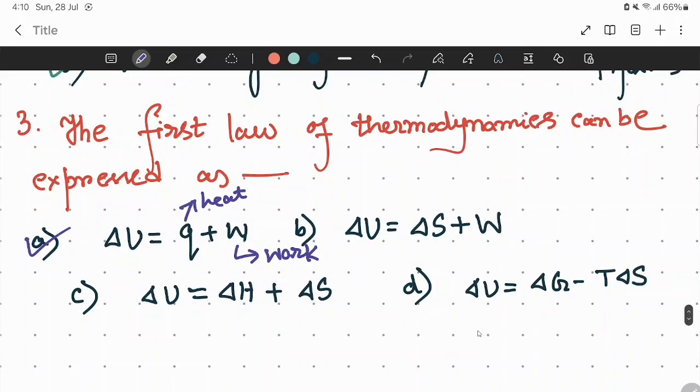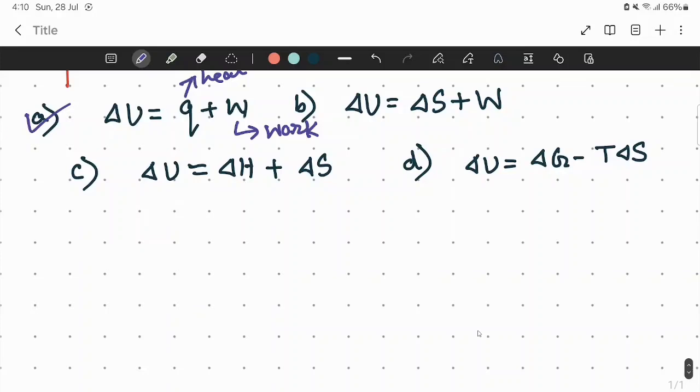In physics, I think there is a different expression. So what is correct? No, both are correct. That is totally due to a convention. In physics, if heat is entering into the system, we are looking from the surroundings, but in chemistry we are looking from the perspective of the system. That's why there is a convention of sign.